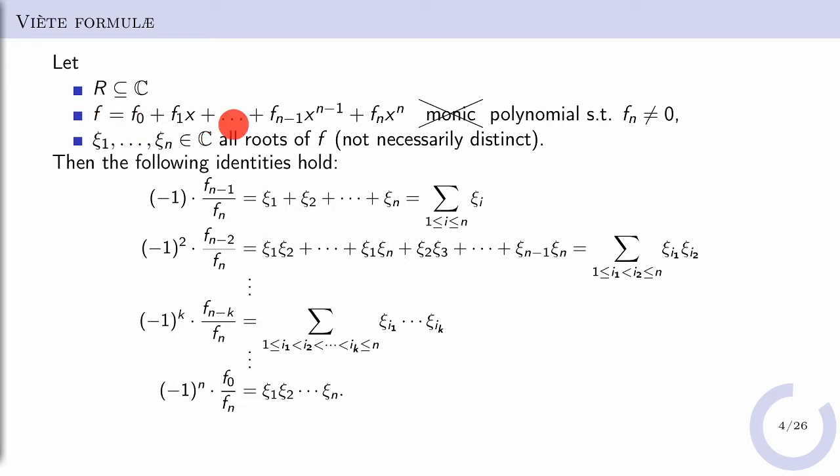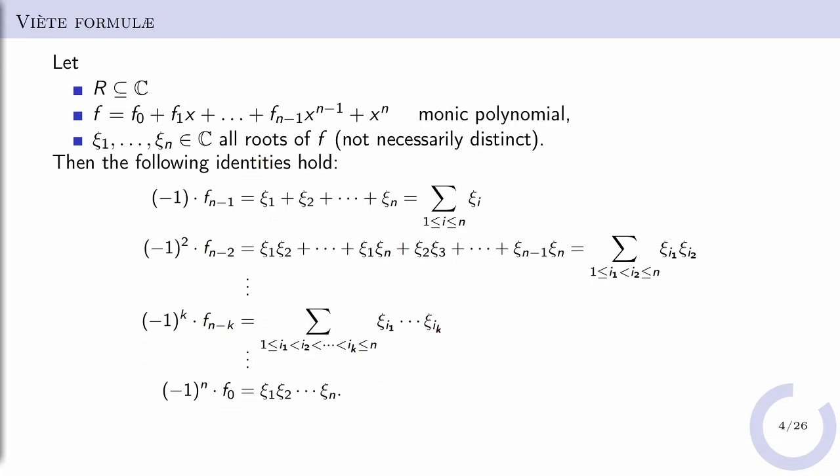So we can go from this polynomial to the monic polynomial, dividing each coefficient by f_n. Then we will have a monic polynomial, and we apply Viète's formula for this monic polynomial. So the right hand side will not change, and the left hand sides will be altered in this way, that every coefficient is divided by the leading coefficient. So if we have one version, then we have another version.